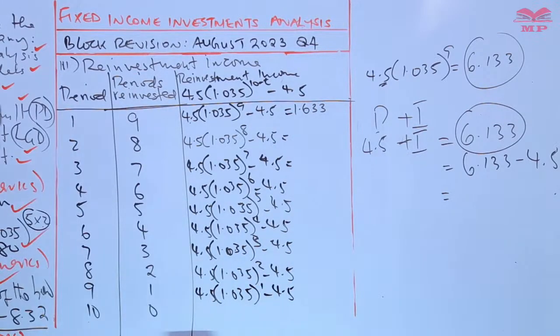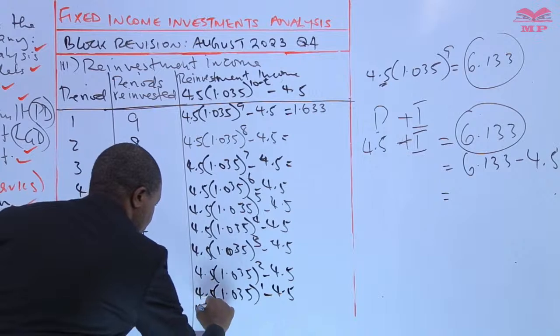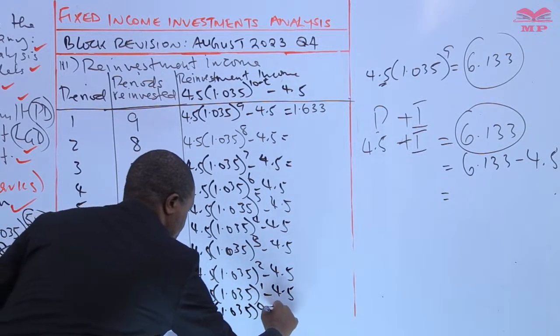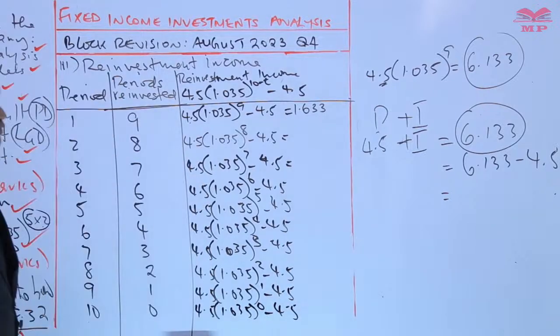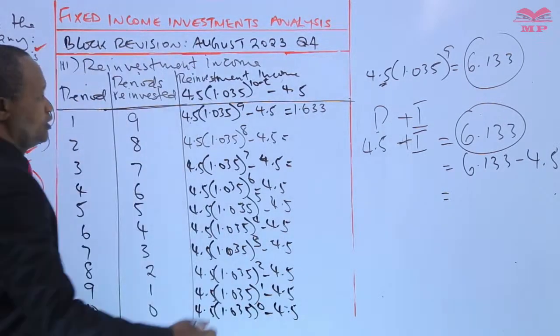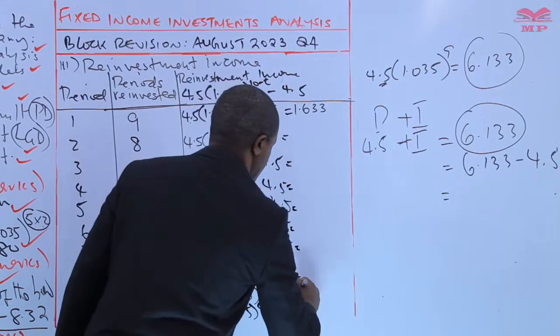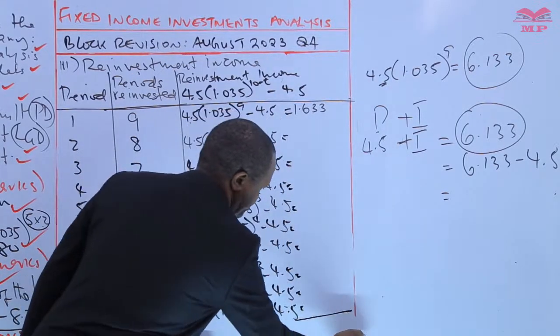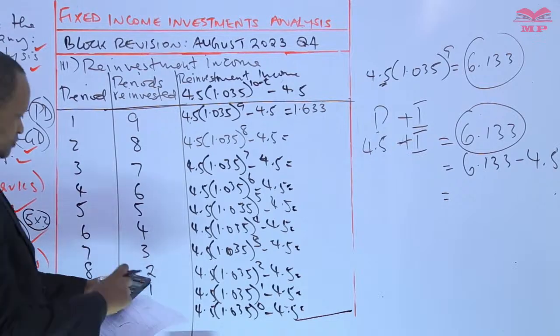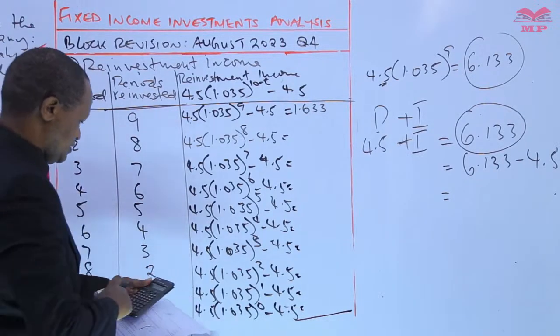Then the last period we have 4.5 into 1.035 raised to 0 minus 4.5, which is 4.5. So we need to calculate all these values, then we get the total. That will be the reinvestment income. It's now the work of the calculator.